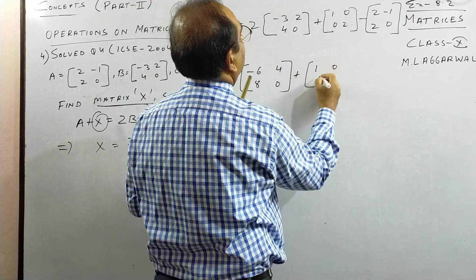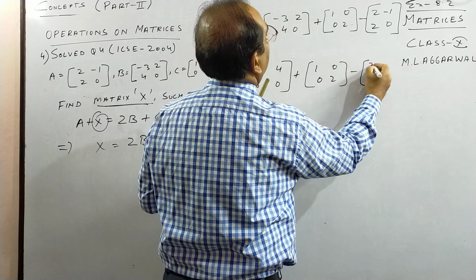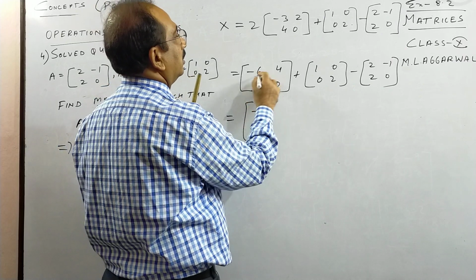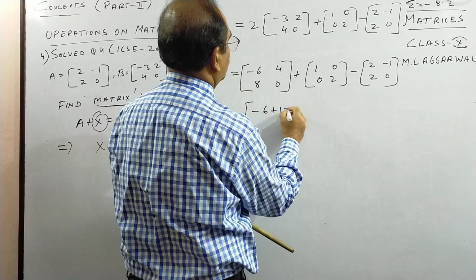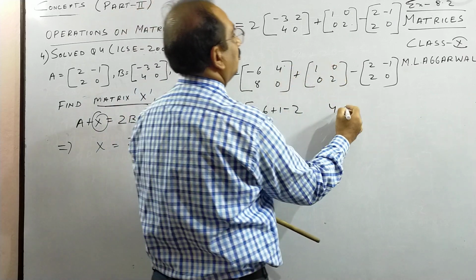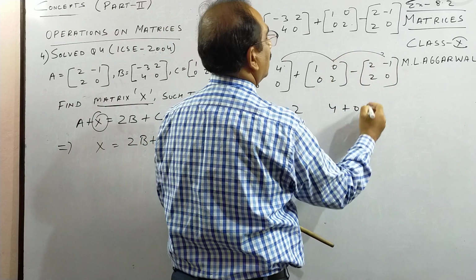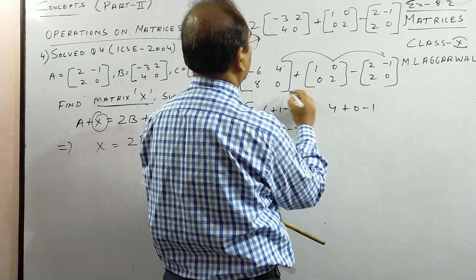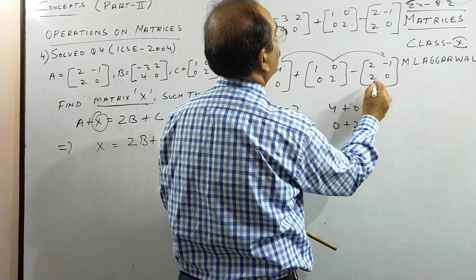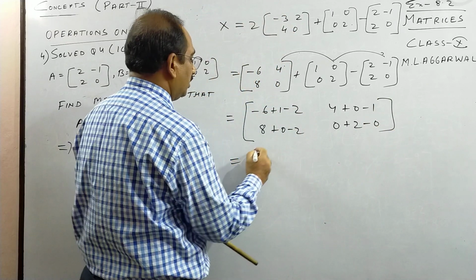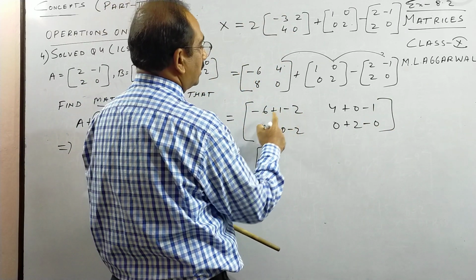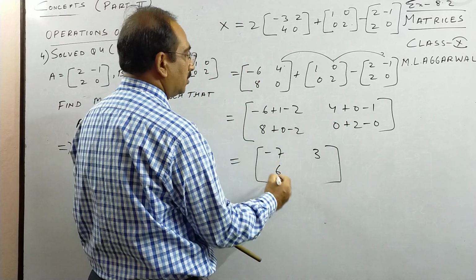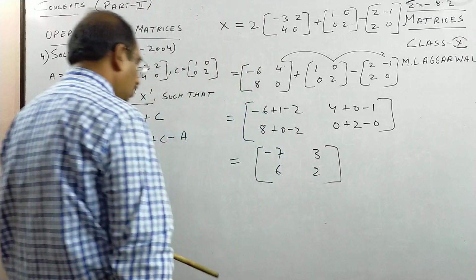This remains the same, and then in one step we add all this. Minus 6 plus 1 minus 2, 4 plus 0, all the corresponding elements, minus 1, 8 plus 0 minus 2, 0 plus 2 minus 0. Once you get it, minus 8 plus 1 is minus 7, 4 minus 1 is 3, 8 minus 2 is 6, and this is 2.